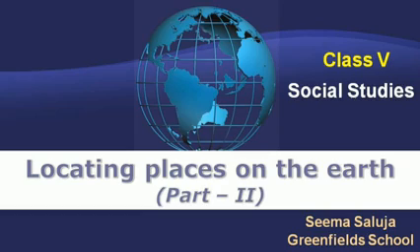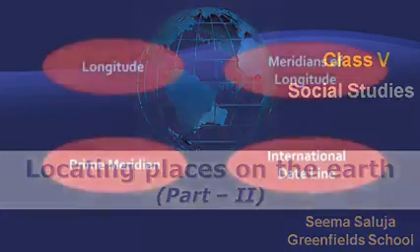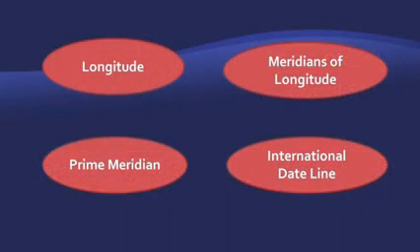So today we will discuss part 2 of chapter number 7, that is locating places on the earth. Students, in the previous lecture we discussed that the imaginary horizontal lines seen on the globe running east-west are called latitudes or parallels of latitude.